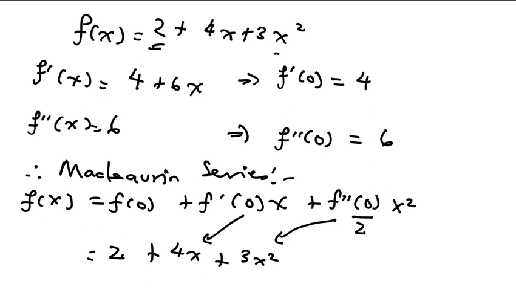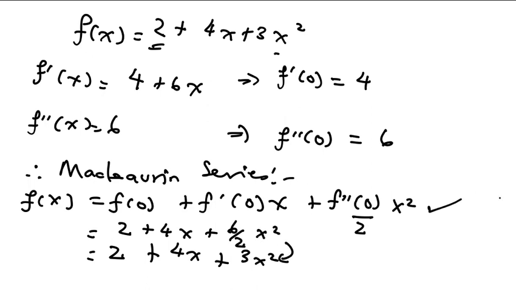But if I try to explain it in detail, let me erase this. It's actually in between. This one is 2 plus 4x plus 6 over 2 times x squared, isn't it? And then it goes to this. Now, Maclaurin series is this one.